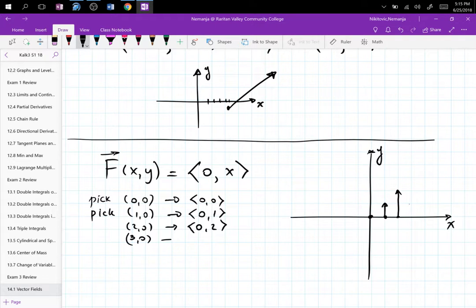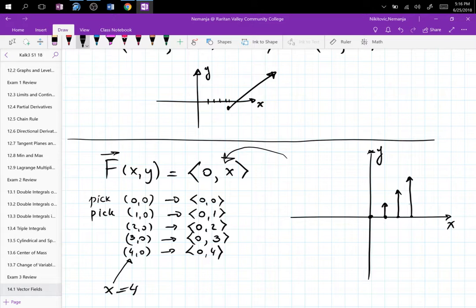If you pick 3, 0, your x is 3. Your coordinate is always 0 on the first one. You plug in 3 for x, you get 0, 3. At the location 3, 0, the vector is 3 units tall. If you pick 4, 0, you will get 0, 4, because your x value is 4, and that gets plugged in for the x value, and your first value is always 0, because your vector field says that the first value is always 0.